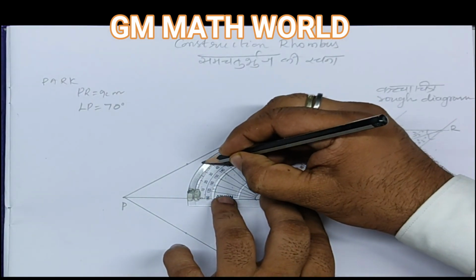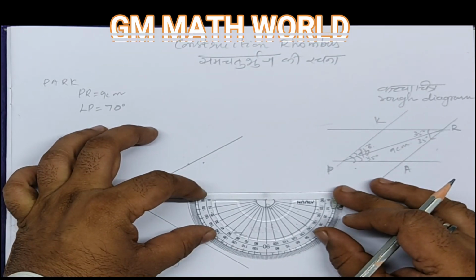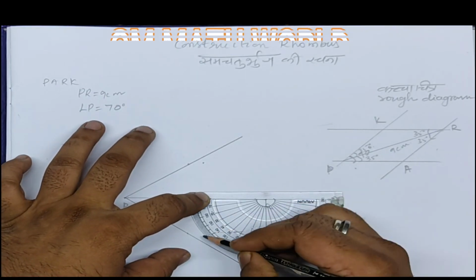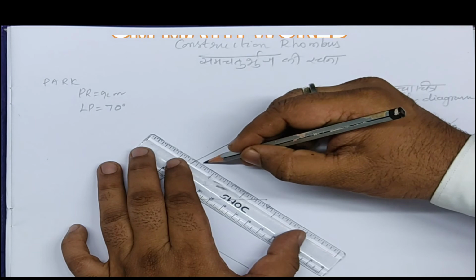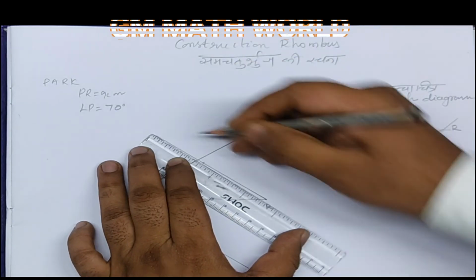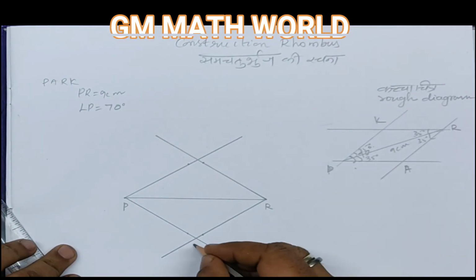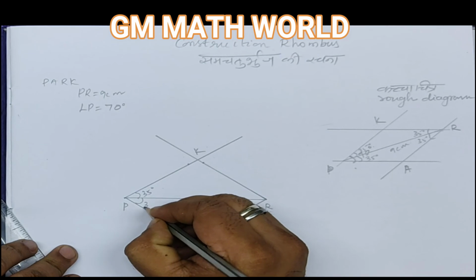On P we measure 35 degree, and the same measurement will be taken at the other vertex R, 35 degree from R, below PR and above PR. Now the previous ray and the other ray intersect at K above PR and at A below PR.